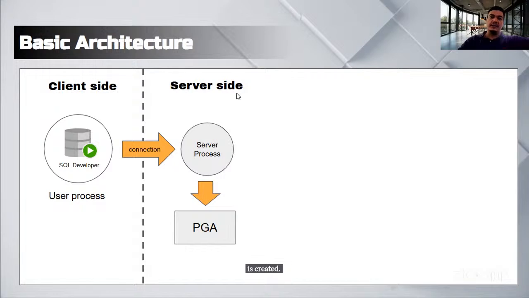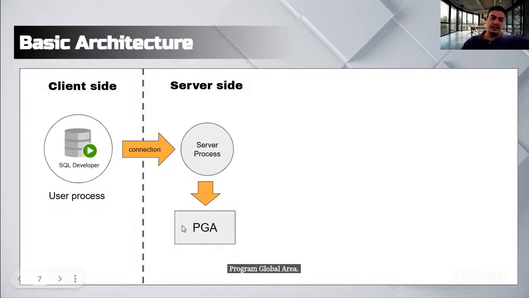When this connection is created, on the server side a server process is created too. Inside this server process there is allocated memory called the program global area.